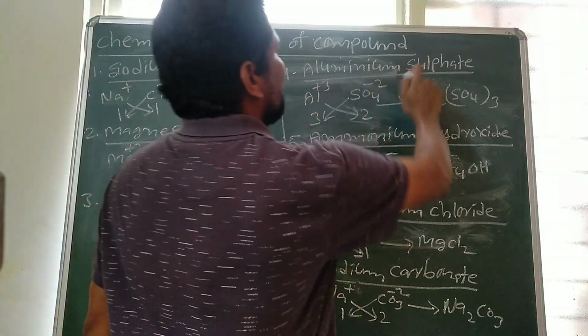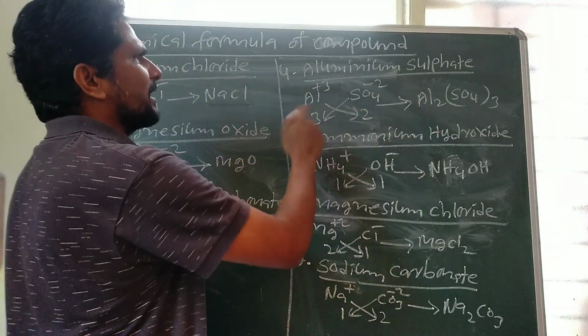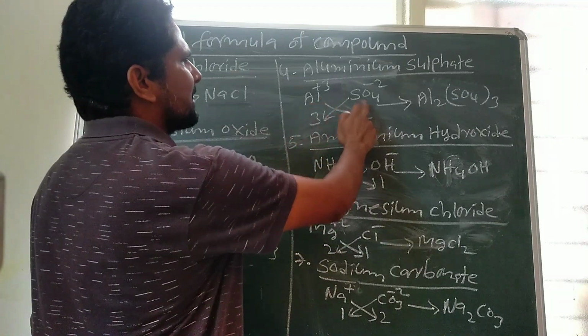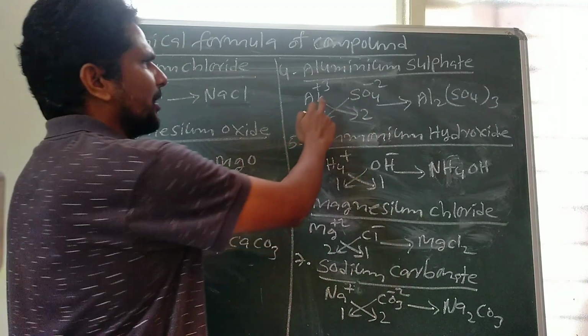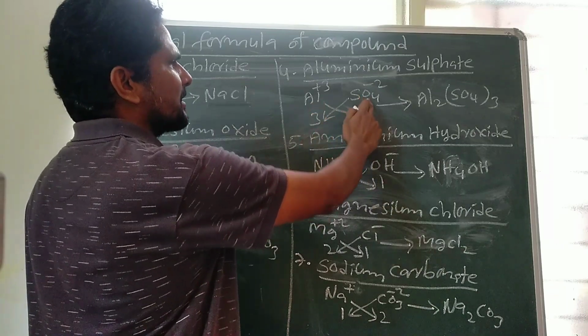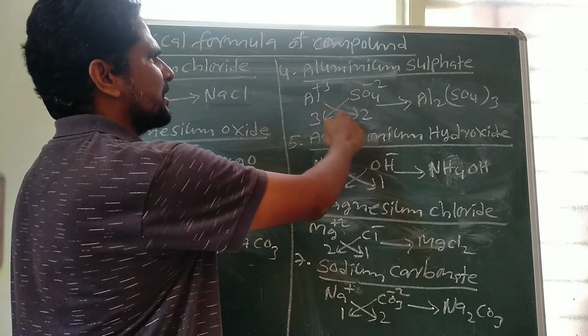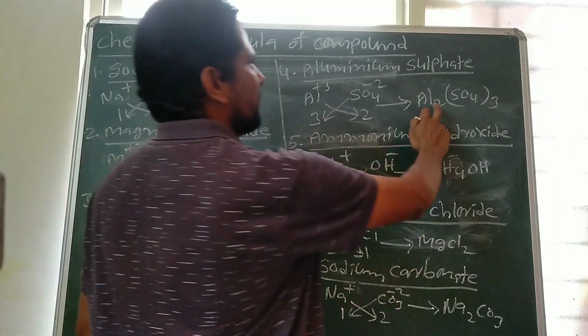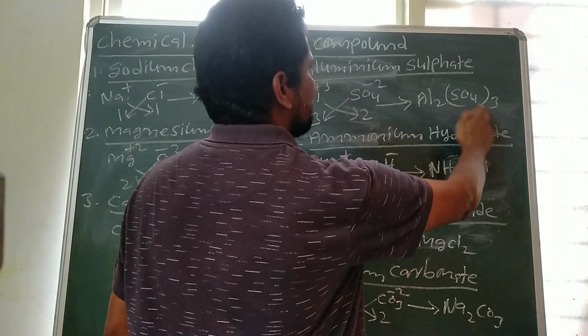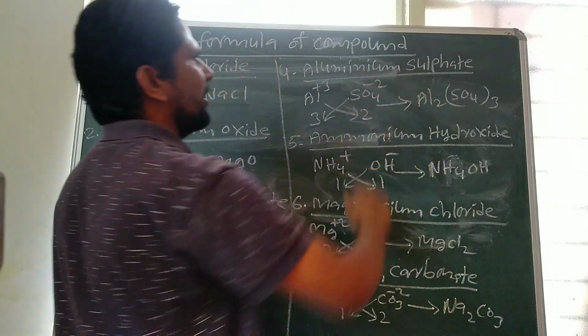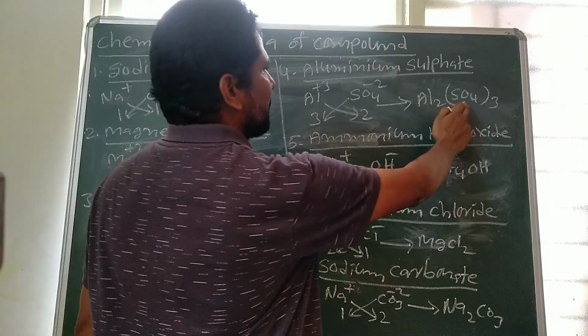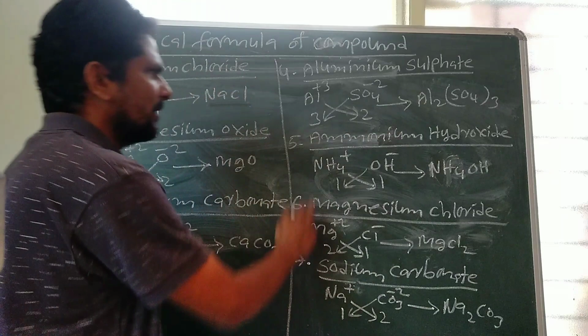Formation of aluminium sulfate. Aluminium sulfate consists of aluminium radical and sulfate radical. Charge on aluminium 3, charge on sulfate 2. Applying crisscross, charges are exchanged to form Al2(SO4)3, with sulfate taken thrice. So the chemical formula of aluminium sulfate is Al2(SO4)3.